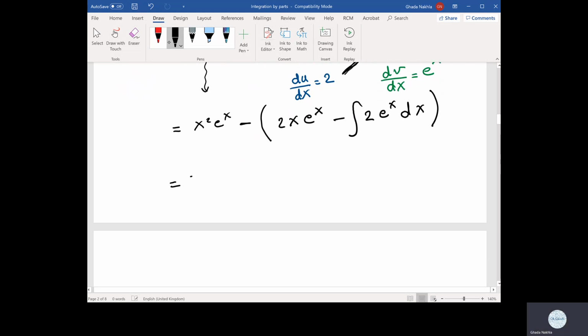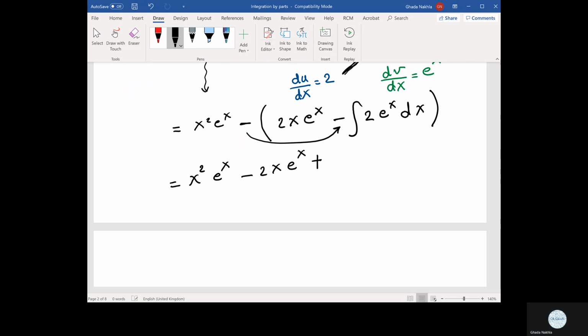So let's leave this one alone. X squared e to the x minus 2x e to the x. And then minus minus, this will become a plus. And I am integrating 2e to the x. I don't integrate the 2. The 2 stays the same. It's a constant.